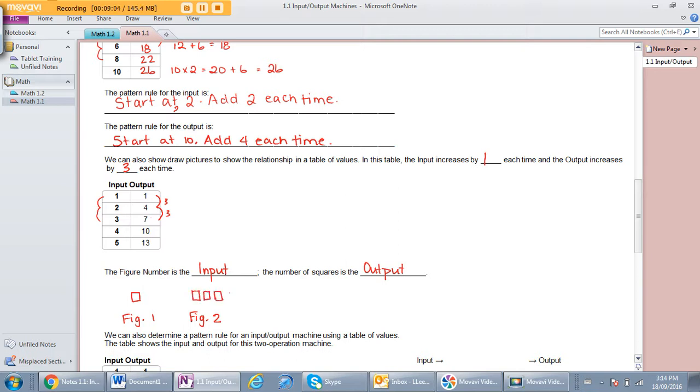Remembering, of course, that figure number represents the input and the number of squares represents the output. Figure number 3 has 7 squares. And figure number 4 has 10 squares.